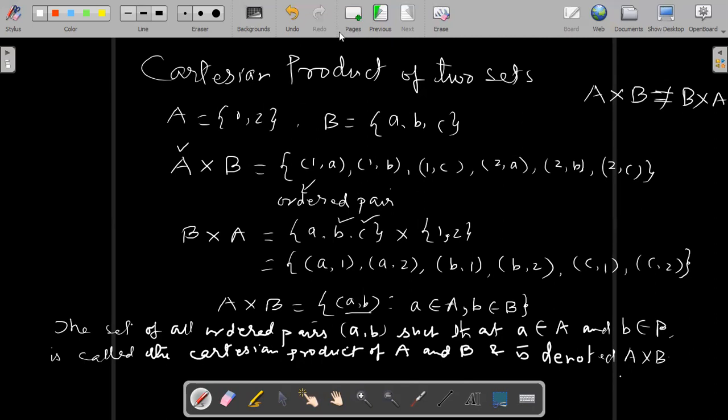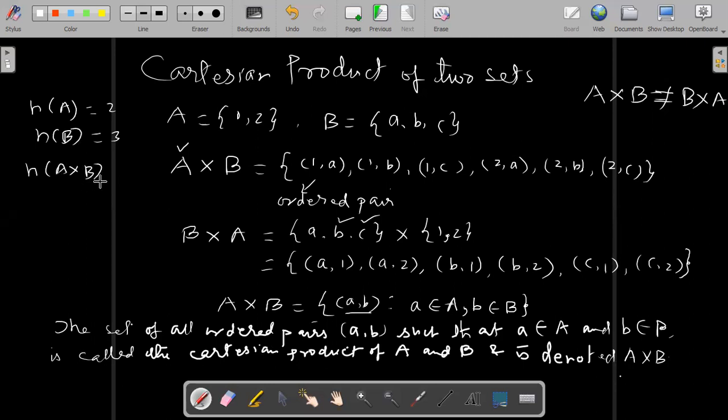I told you the method of how to write it, so we can write the Cartesian product of any two given sets. Now, the number of elements in the Cartesian product of two sets: the number of elements in set A is 2, and in set B is 3.